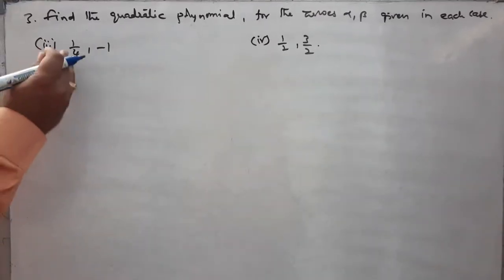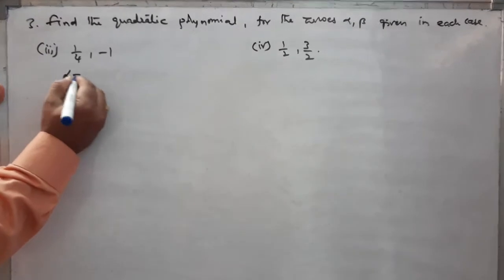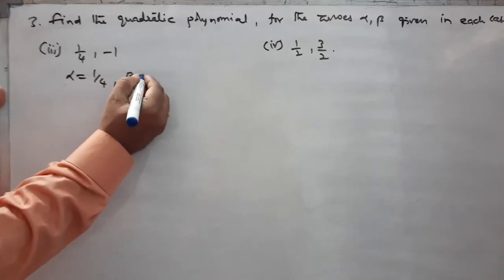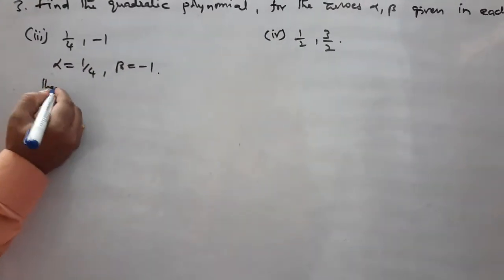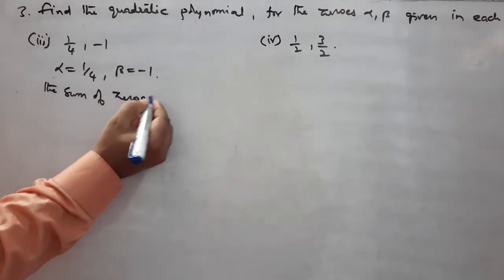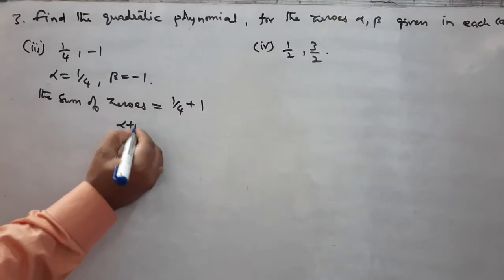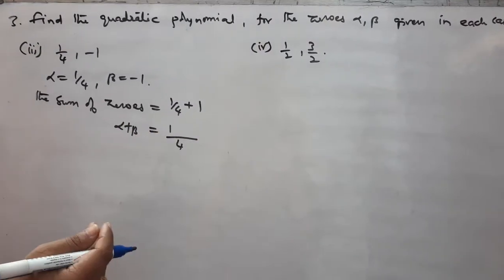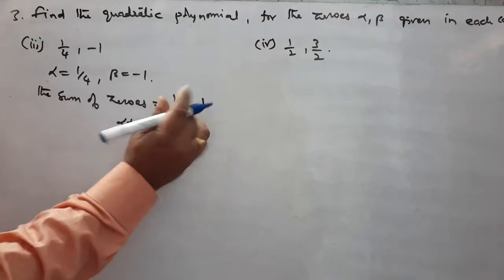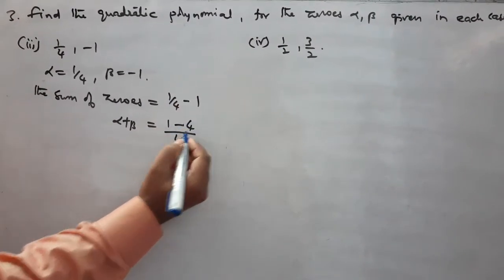So here, third problem: 1 by 4 comma minus 1. So that means alpha is equal to 1 by 4 and beta is equal to minus 1. The sum of the zeros means 1 by 4 plus minus 1, that is alpha plus beta. We will get 1 minus 4 into 1, that is minus 3 by 4.